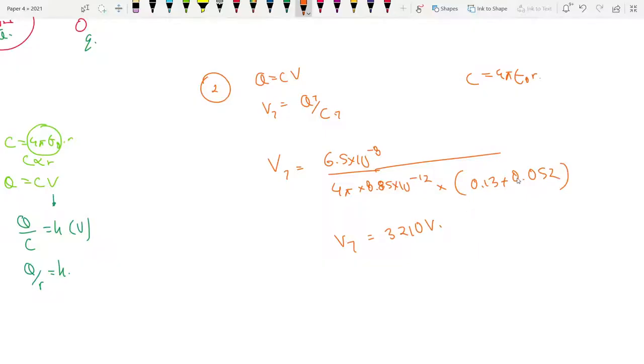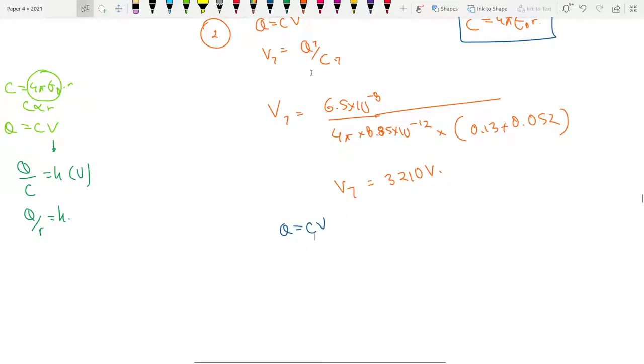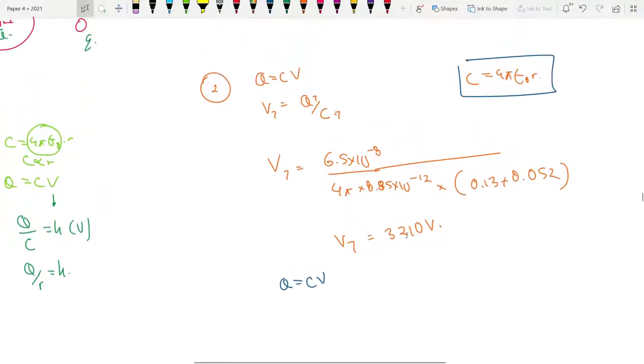Now this is the same potential that both of the spheres have, right? We can use this to do what exactly? We know that C is equal to this and Q is equal to CV, right? So we have an idea about the voltage. Now we can find out the charge.